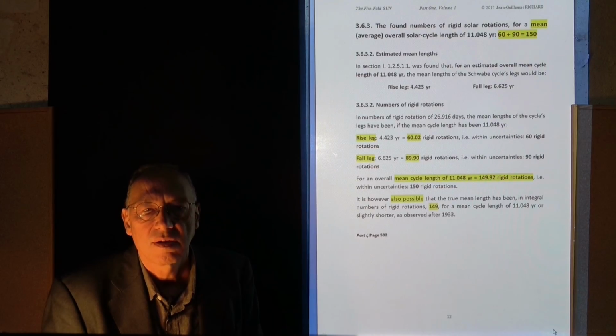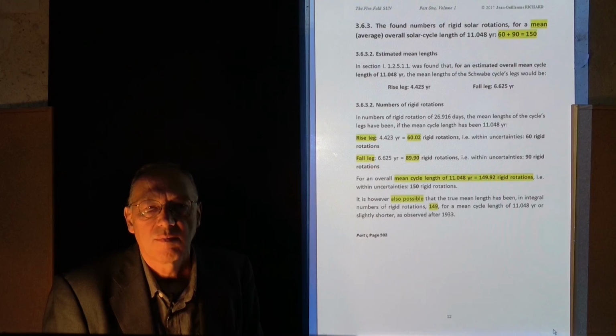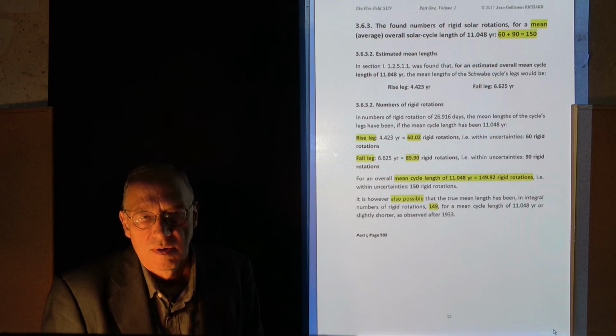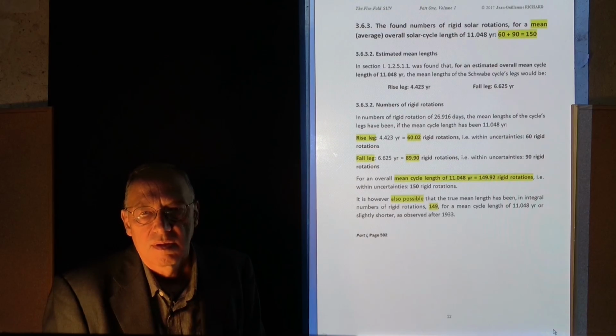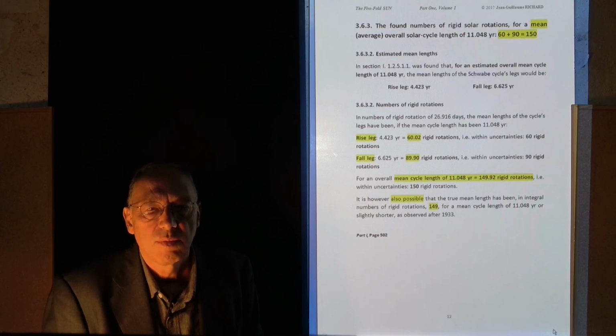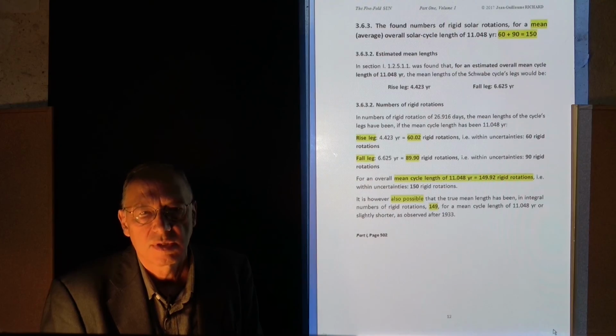And in the case of the central value length, why it might be 144 rigid rotations of the Sun, 144 being a very special Fibonacci number, as we shall see in the following.